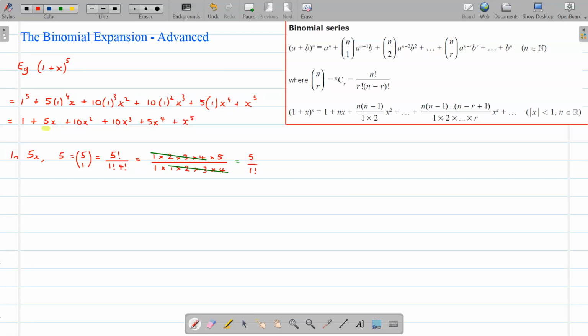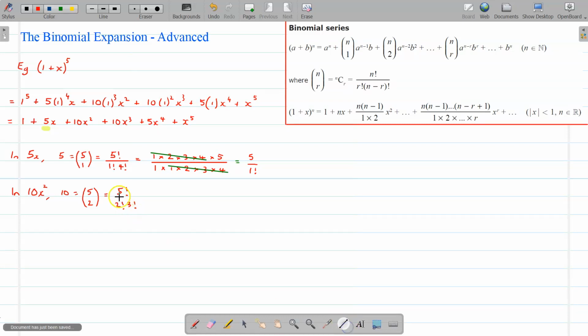So I'm now going back to my expression, and I'm now saying that in the next term, which is the 10x squared term, the 10 has actually come from 5c2, and 5c2 has come from 5 factorial divided by 2 factorial, 3 factorial.